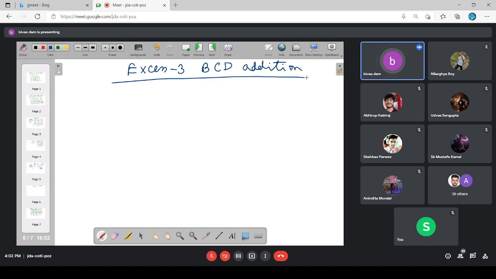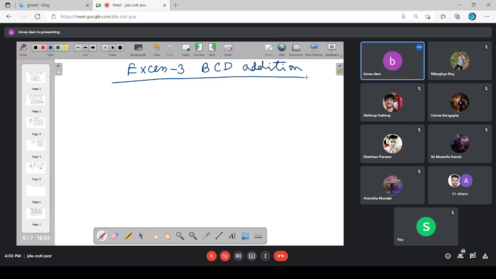That is the only point I have to check. If a carry was found to be generated, you have to add 0011, that means 3, with this nibble position.